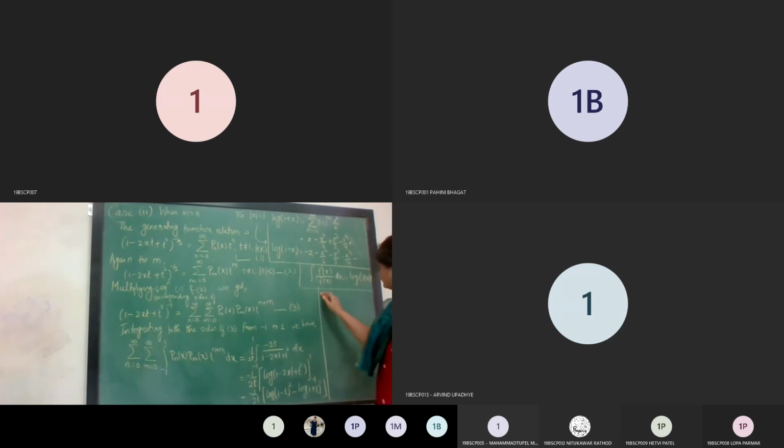So I can write this term as 1 upon t, log of 1 plus t minus log of 1 minus t. Up to this, everyone is clear how this integration comes?